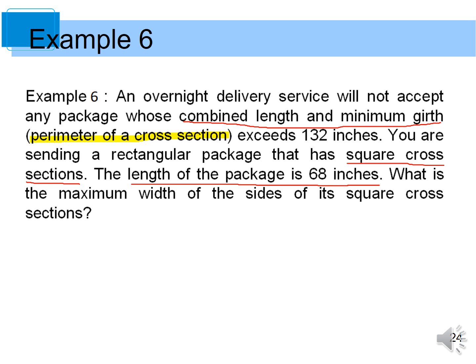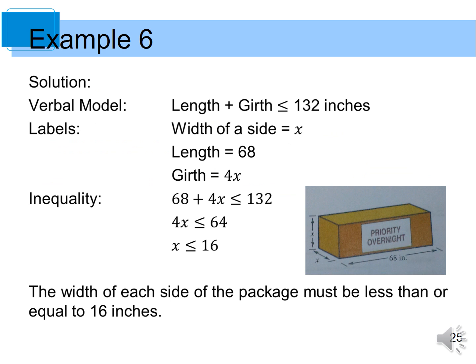From the question, no model is given, so you have to create a model to solve the problem. Look at the verbal model. The length plus girth not exceed 132 inches, meaning less than or equal to 132 inches.